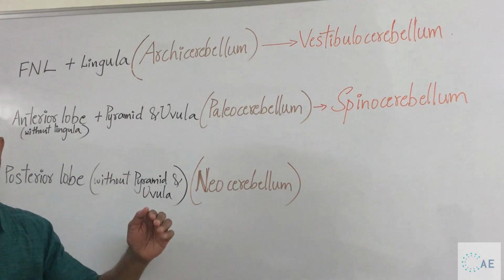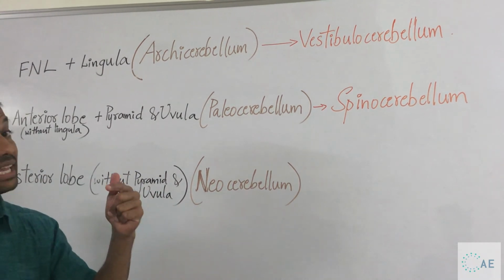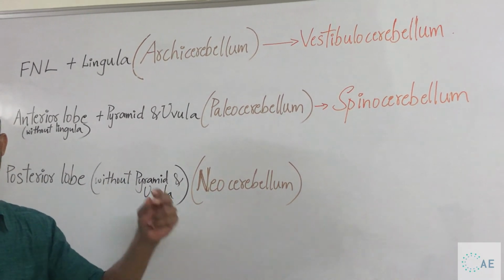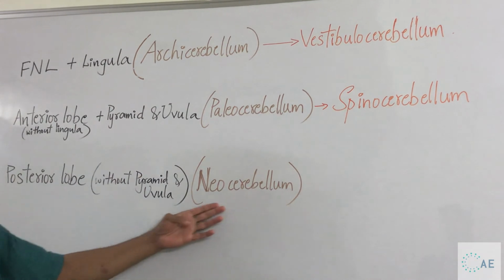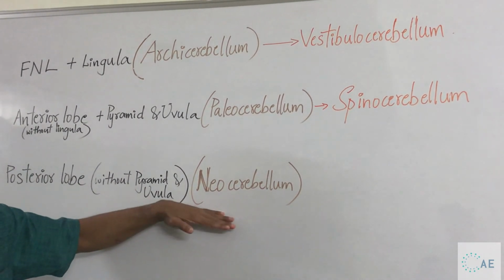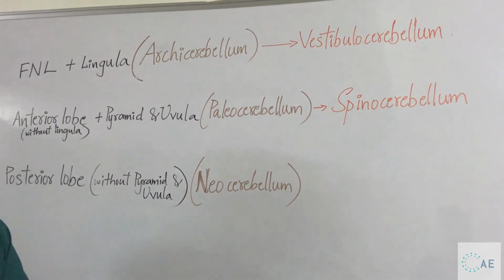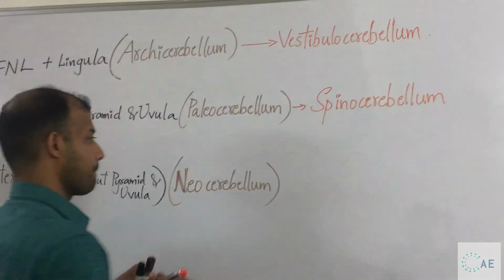The primary motor cortex, the premotor cortex and even the somatosensory cortex of the cerebrum have got a connection with the neocerebellum. That's why this part of the cerebellum comes under the group of cerebrocerebellum.